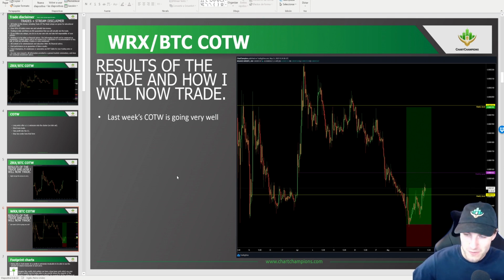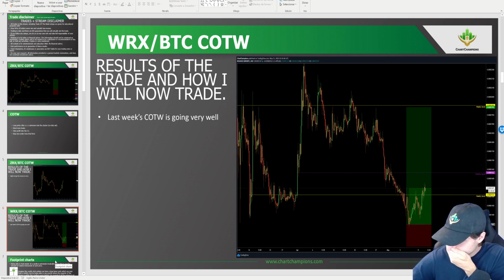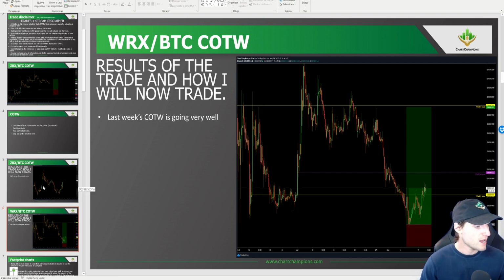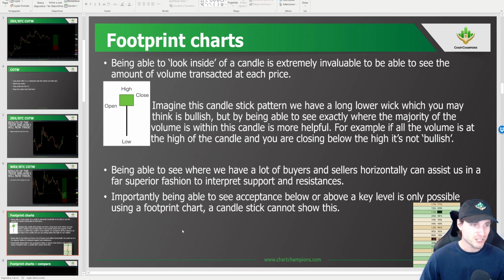Cool, so there you go, that's the chart of the week done, and now I will move over to the footprint charts. It's quite a big jump for many traders going into footprint charts.